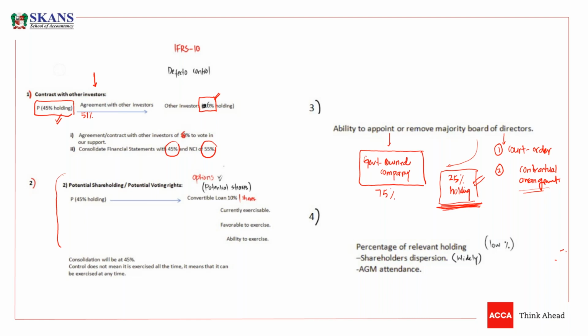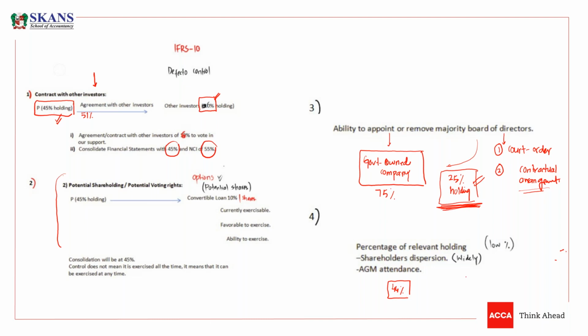The fourth situation is percentage of relevant holding, relative holding. What does it mean? If we are having a holding of 44% in a company, our voting rights are 44%.